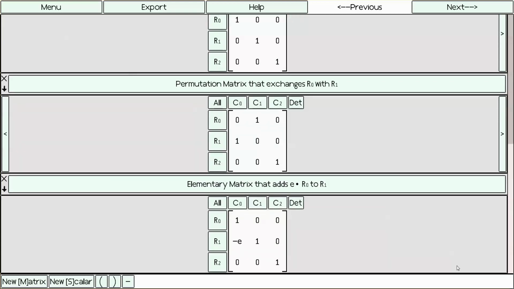Now let's talk about elementary matrices. An elementary matrix is one with ones on the diagonal, and then a factor E in one of these three lower triangular spots.